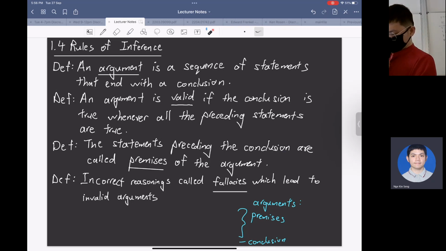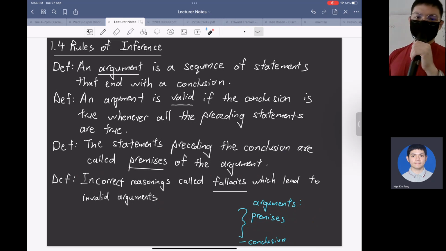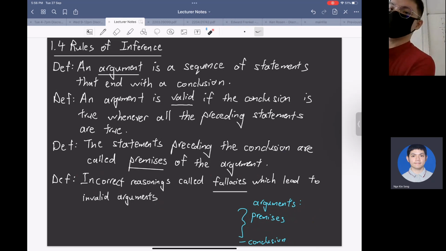And if you have different incorrect reasoning, these are called fallacies. Maybe you have some fallacies here and that gives you an invalid argument. No need to care much about these, but you need to know this one.